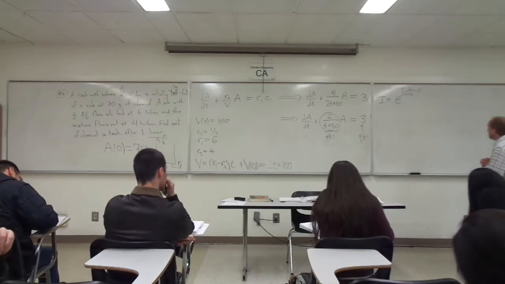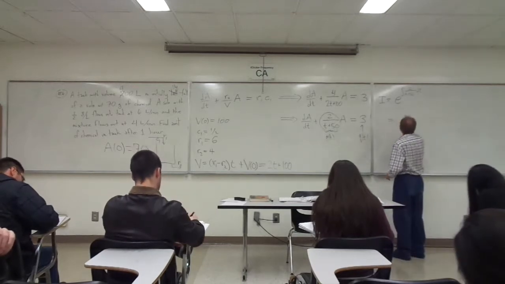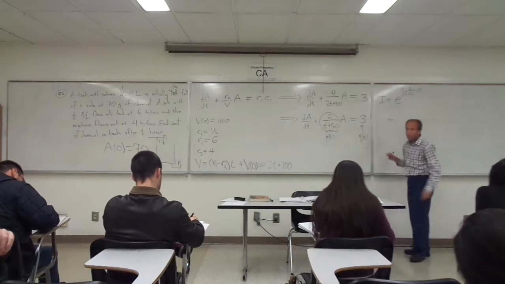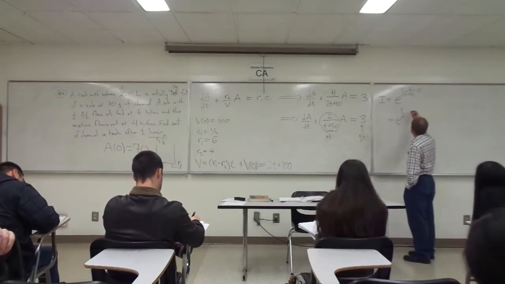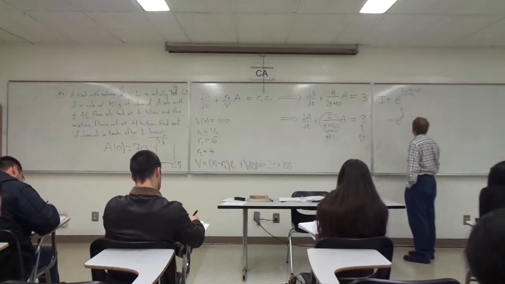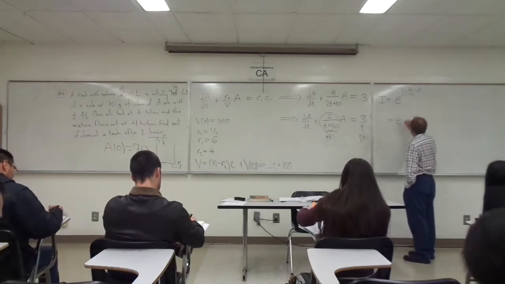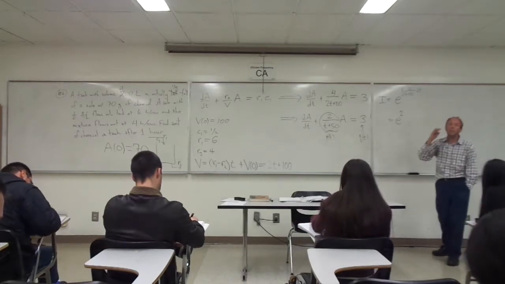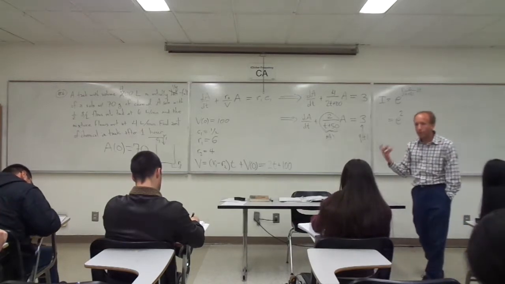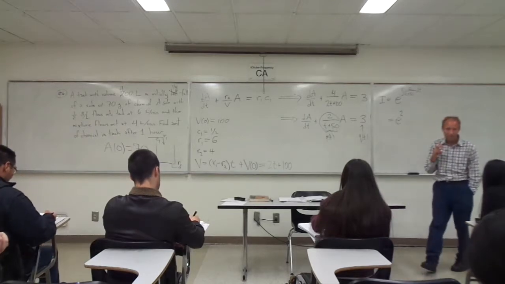And this integration is not too bad because you can pull out the 2 if you want. The 2 is just a constant. Pull it out, and then you're integrating 1 over t plus 50. What is the integral of 1 over t plus 50?